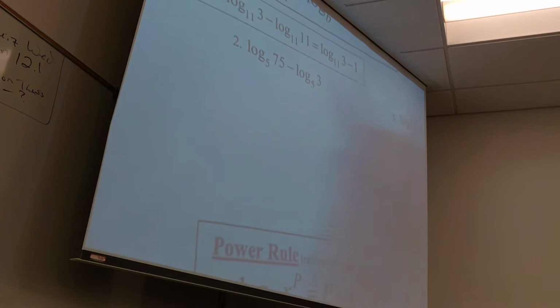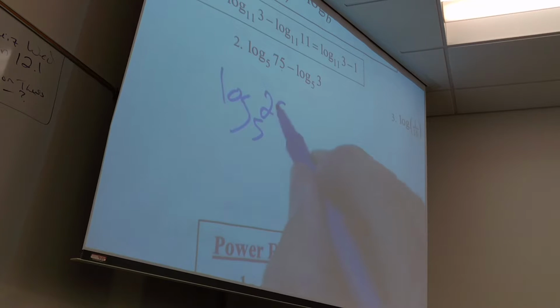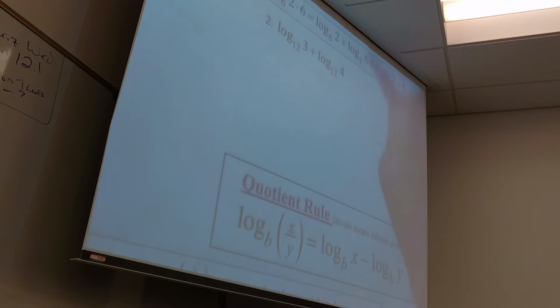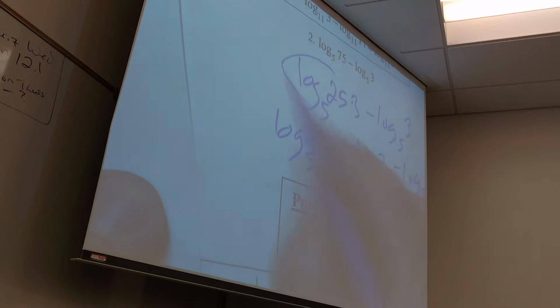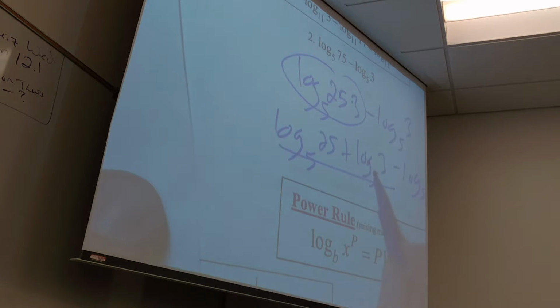The other way to do this is to realize that 75 is 25 times 3, right? I can use the property from up here. If I'm multiplying, that'd be log base 5 of 25 plus log base 5 of 3. When I multiply, that means I add the logs.